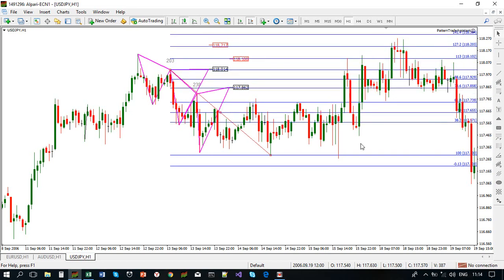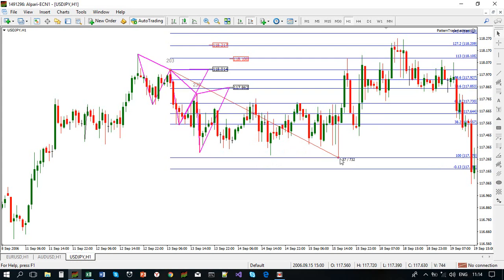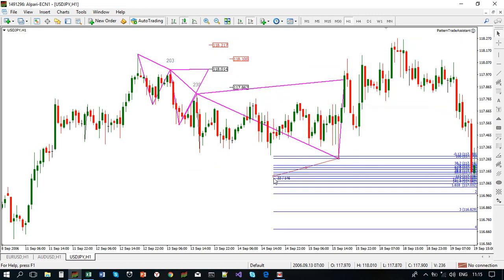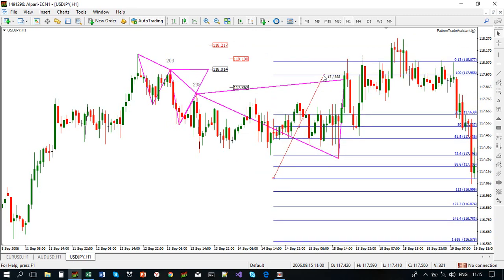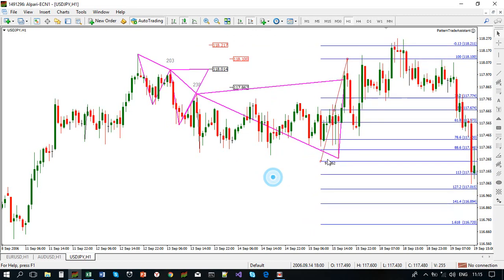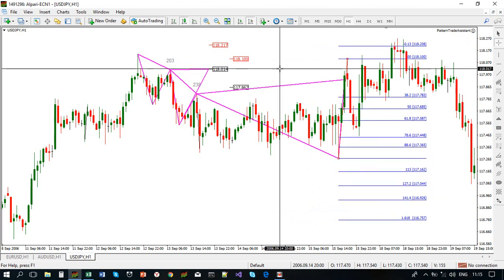The 786 was here, so it was that, the lowest one. The cipher should be drawn this way, here, and it goes there. You see? And now let's measure the take profit. It should go to the highest high from our low.